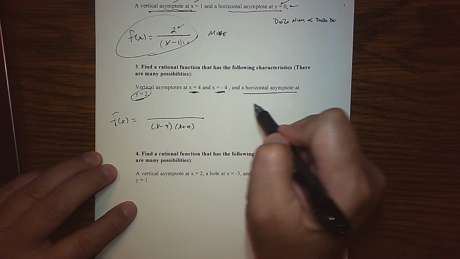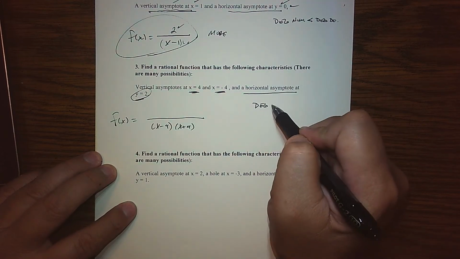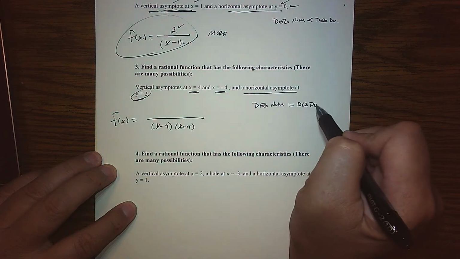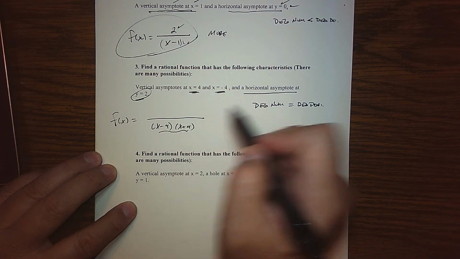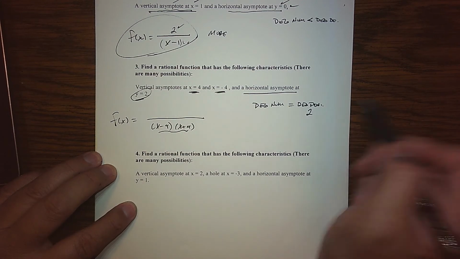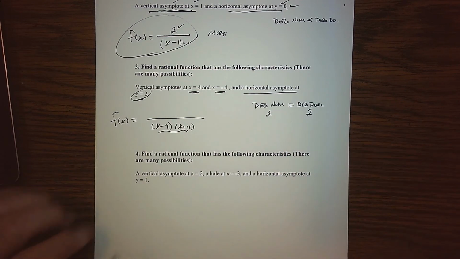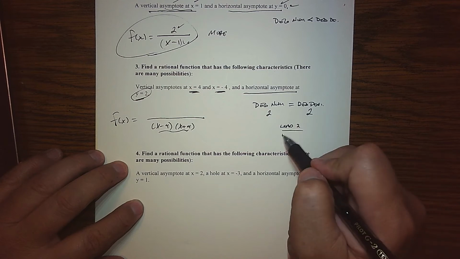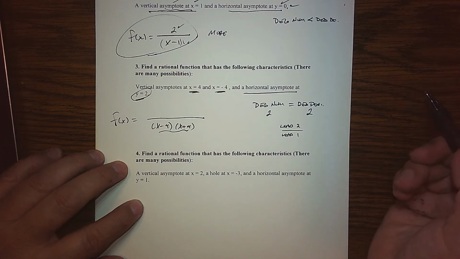So in this case, the degree in the numerator has to equal the degree in the denominator. We already know just from the vertical asymptotes I need a degree 2, so this needs at least a degree 2. The other thing is that the lead coefficient upstairs needs to be 2, and the lead coefficient downstairs needs to be at least 1.